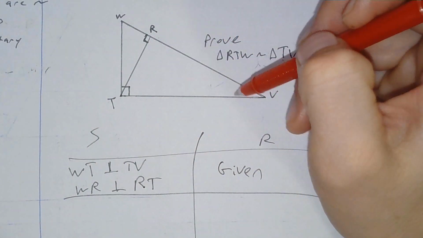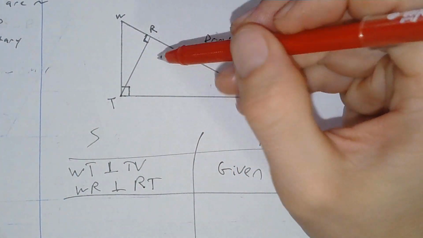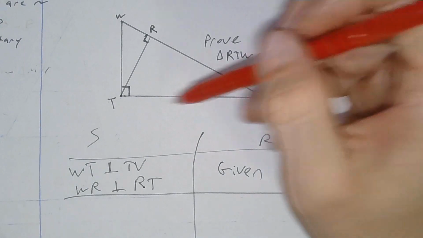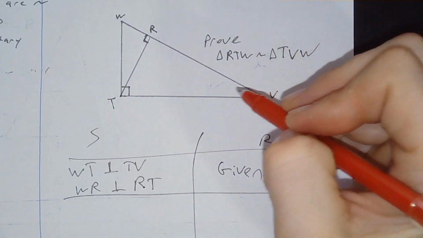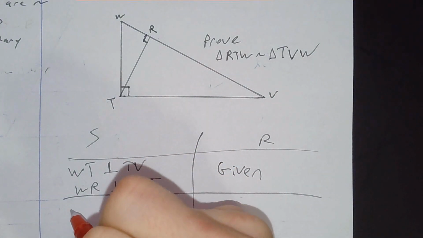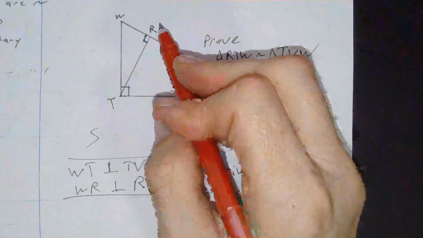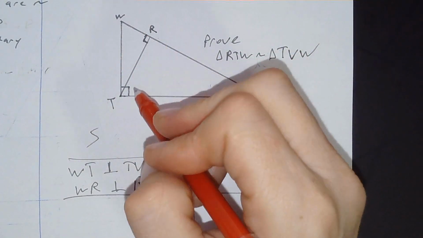All right, so VTW is a right angle, right? So VTW and WRT are right angles.